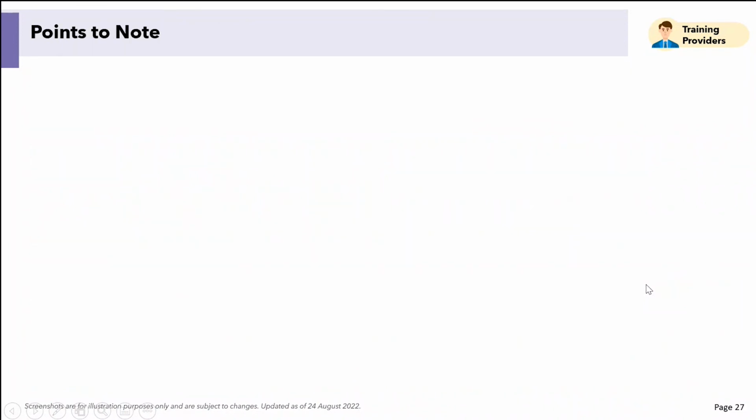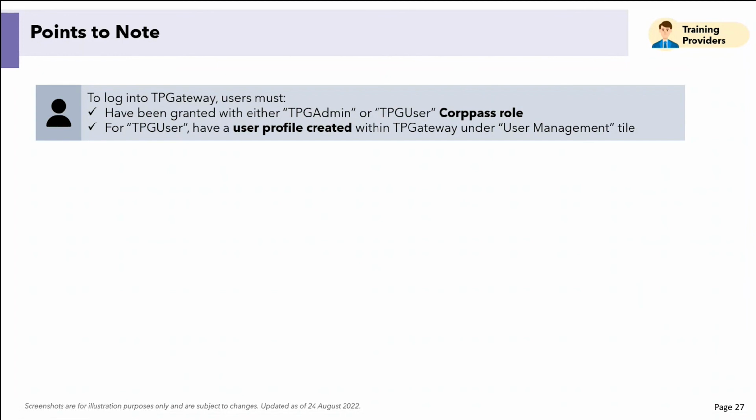All right, so some points to note. Okay, to log into TP Gateway, the user has to make sure that they have a valid TP Gateway CorpPass role. So it's either the TP Gateway admin or the TP Gateway user. But do note that each organization should have at least one user with the TP Gateway admin CorpPass role.